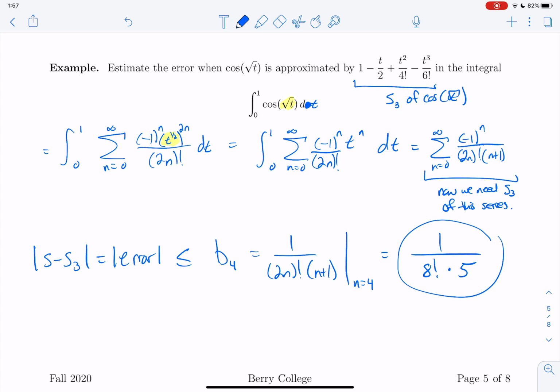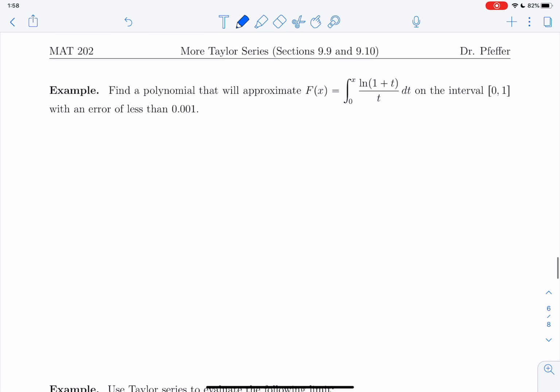So there's a lot of different questions that we can be tasked with answering. Maybe we'll take a look at one last integral question before we embark on something new. The last integral question we might encounter is the following. Find a polynomial that will approximate this function, which is a function of x, because by the first fundamental theorem of calculus, it is the integral of a function of t where one of the bounds is x.